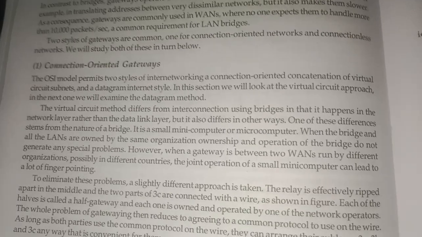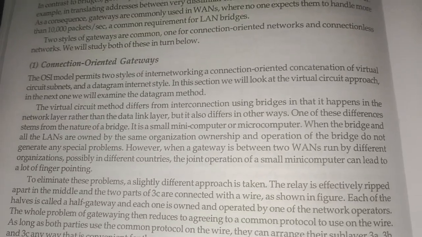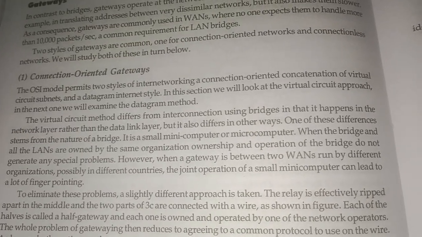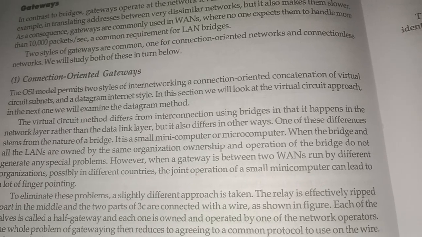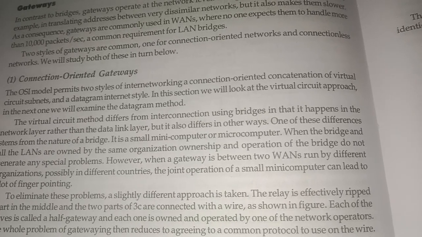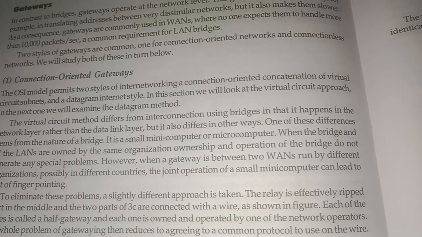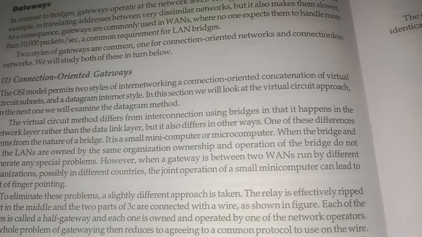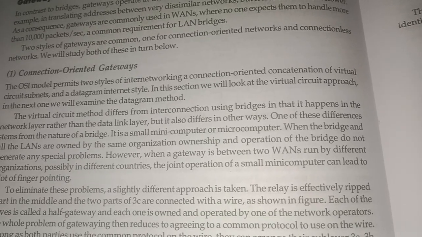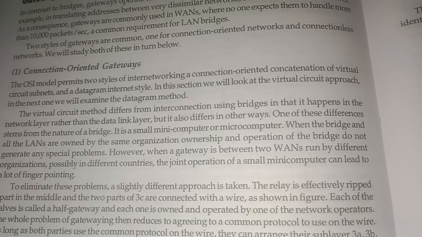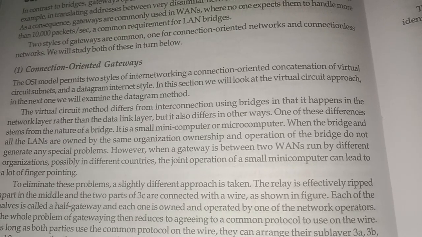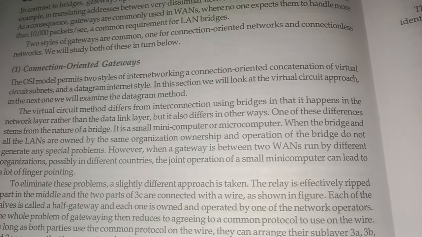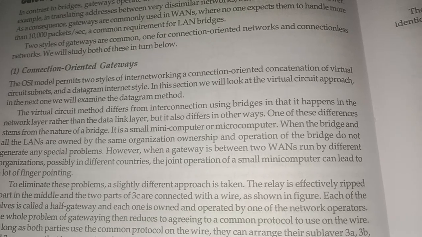Connection oriented gateway. The OSI model permits two styles of internetworking: a connection oriented concatenation of virtual circuit subnets, and a datagram internet style.